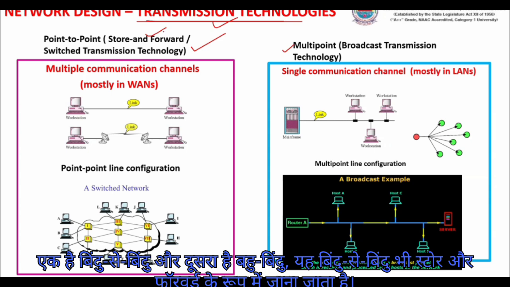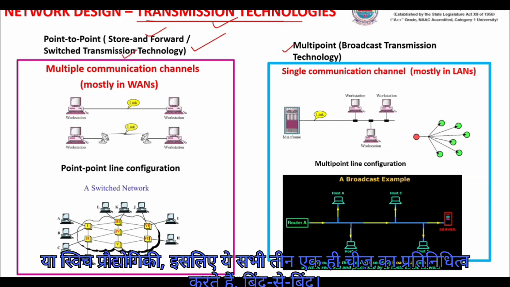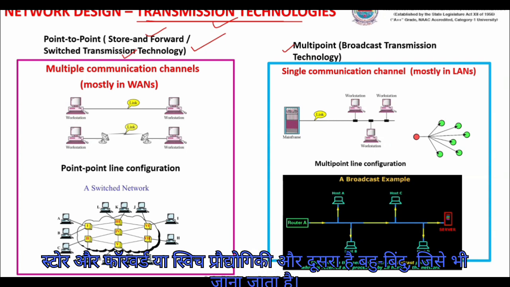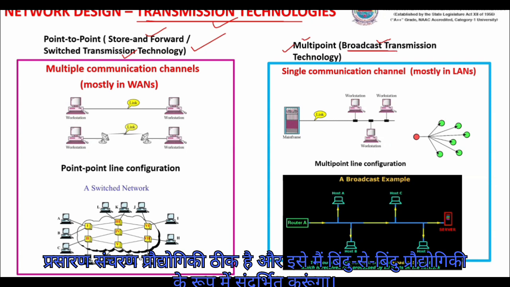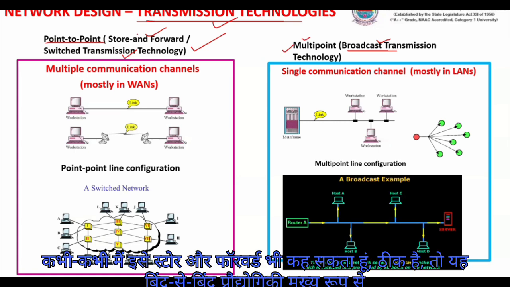Point-to-point is also known as store and forward or switched technology. So all these three represent the same thing. And the other is multi-point, which is also known as broadcast transmission technology. Wherever I refer to it again, I'll use the term broadcast transmission technology. And this I will refer to as point-to-point technology. Sometimes I might also call it store and forward.